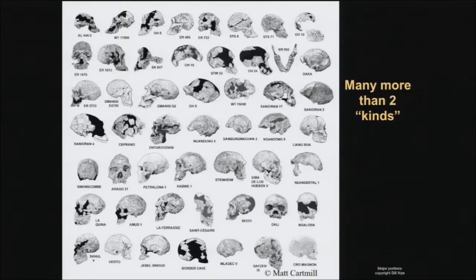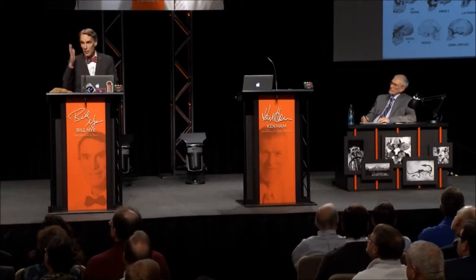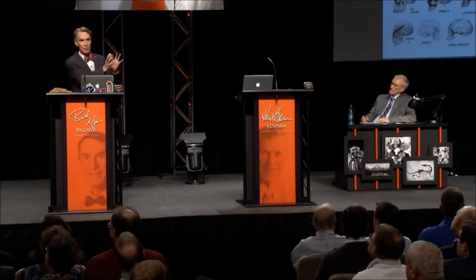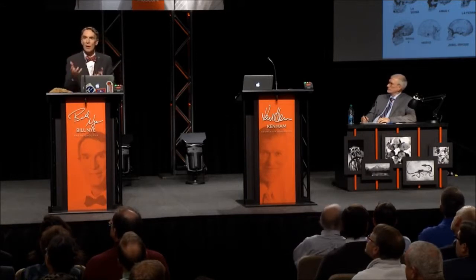If, as Mr. Ham and his associates claim, there were just humans and all other species, where would you put modern humans among these skulls? How did all these skulls get all over the earth in this extraordinary fashion? Where would you put us? Well, I can tell you we are on there, and I encourage you, when you go home, to look it up.